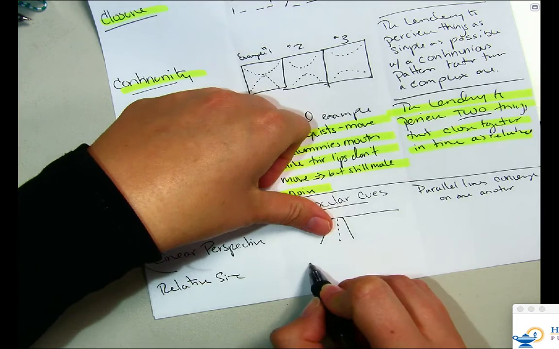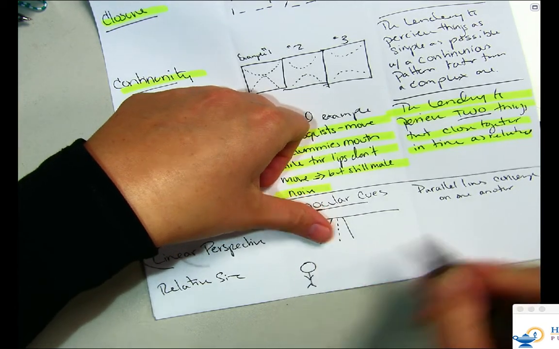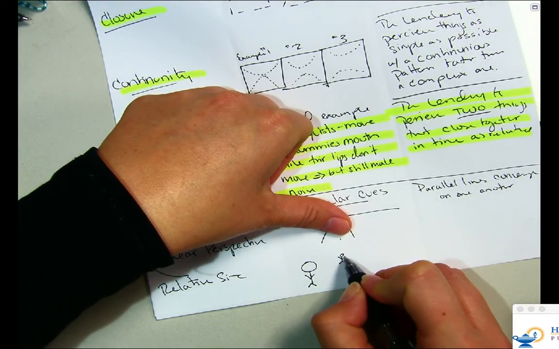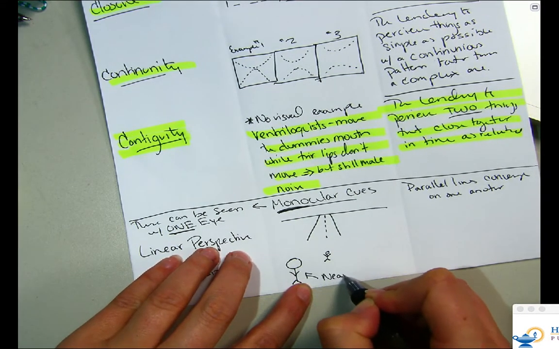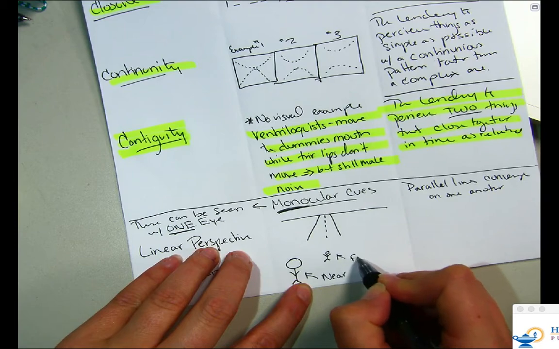Okay, if you have a big stick figure, then you have a little stick figure. You assume this one is near, this one is far.